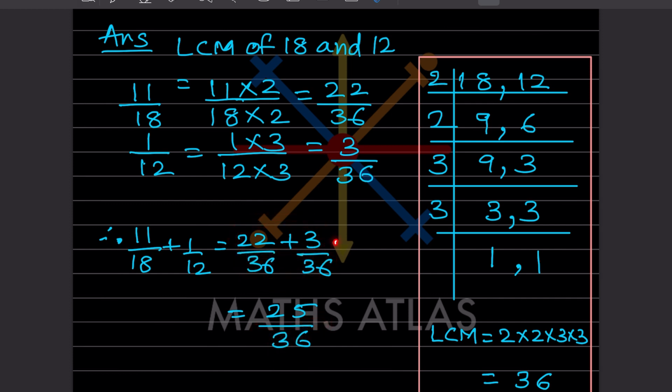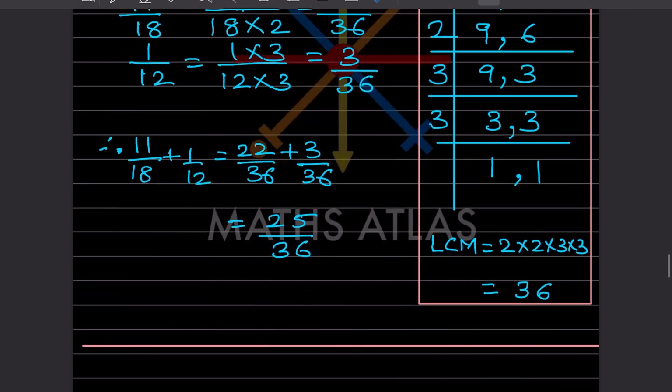If you want, you can write one step: 22 plus 3 divided by 36, and 22 plus 3 will be 25 by 36. So what is your answer? When you add, your answer is going to be 25 by 36. So this is the final answer.